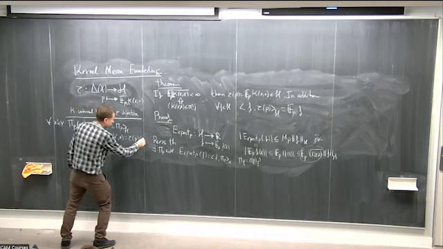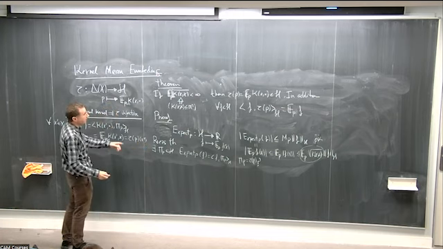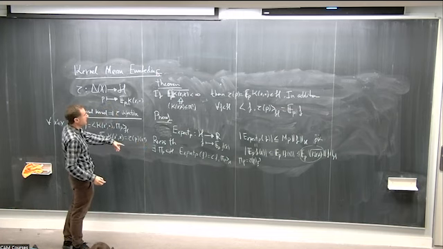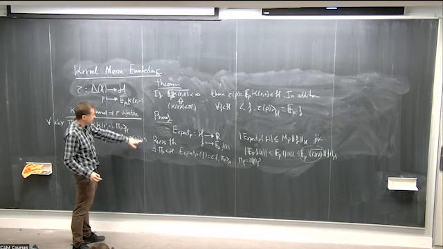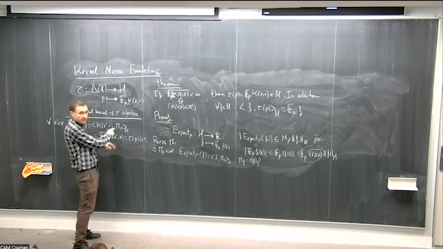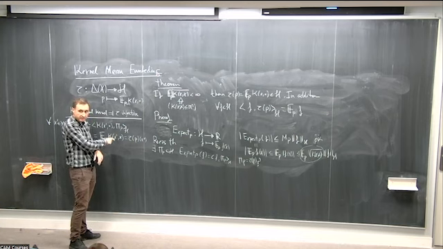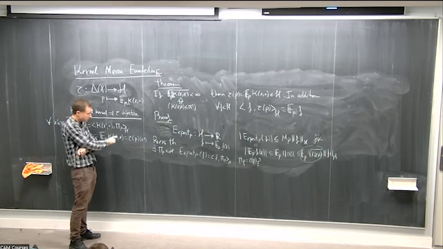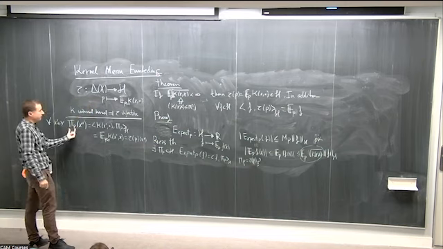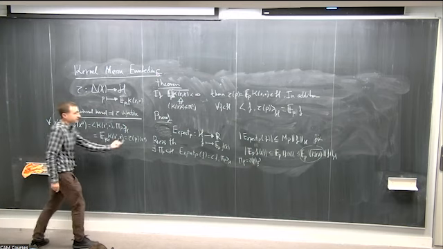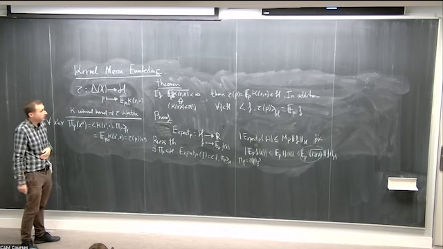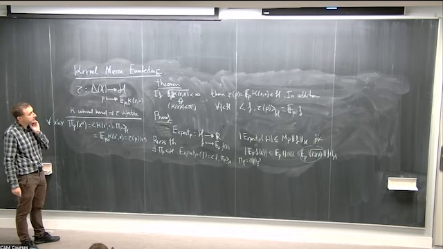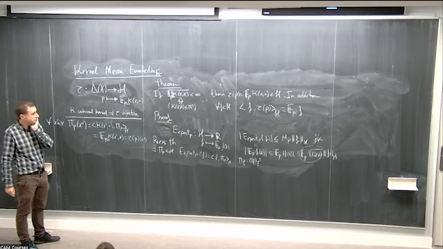I changed the order of x and x prime, but these are the same because this is symmetrical. So pi p is the same as what I called tau p before, and we have what we wanted.